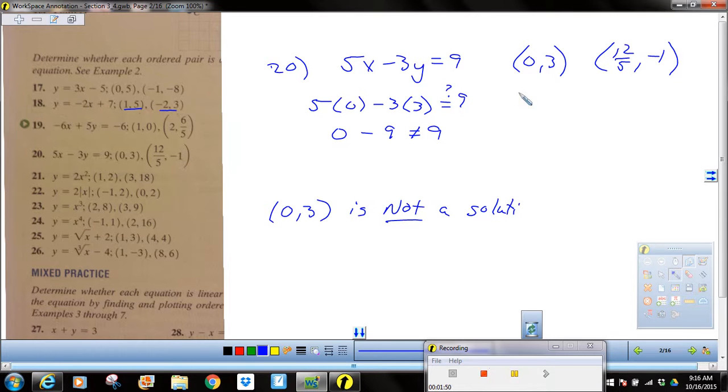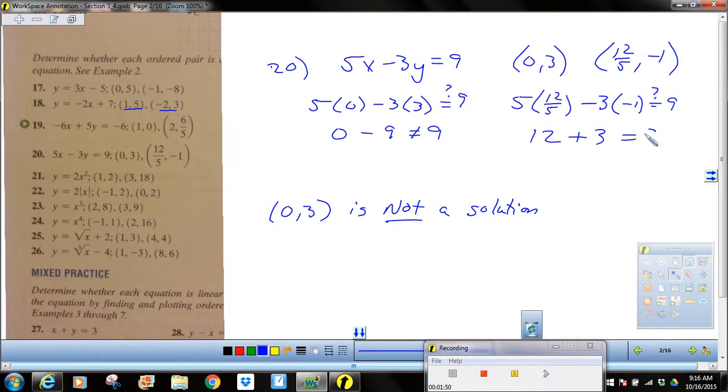Now we'll do the same thing with 12/5. We were fortunate here that it was fifths because we're multiplying by 5. I can either do 5 times 12 is 60 divided by 5, or I can do 5 goes into 5 one time, times 12 is 12. Either way, it's going to be 12. Negative times negative is positive 3. 12 plus 3, I should put a question mark here.